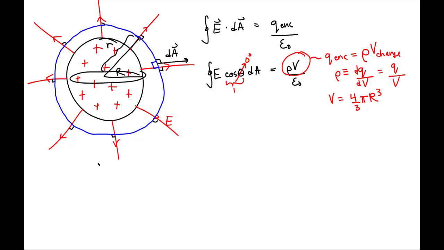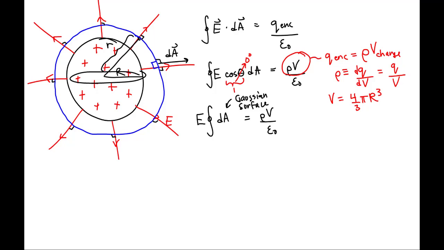because it's only the volume that the charge occupies that tells us the amount of charge that's enclosed. Which means that our electric flux becomes the electric field, which we can pull outside of the integral because it's constant with respect to our area differential, times the integral over the Gaussian surface. Now again, we have to distinguish, this is our Gaussian surface here, is equal to the product of rho V over epsilon naught.